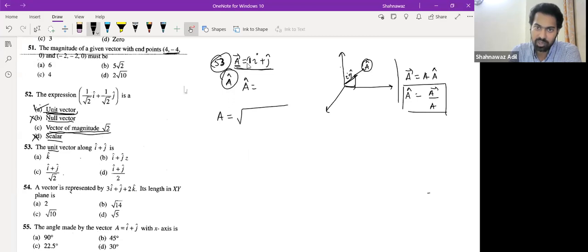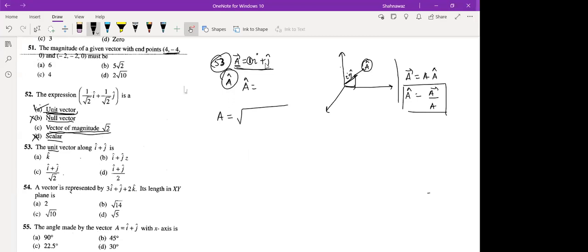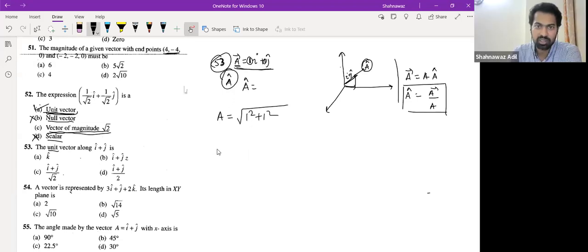The x component is 1, and the j component is 1. So 1 square plus 1 square. Magnitude cannot have directions; I and J are directions, so just be careful with that. So this would be 2, and the magnitude is root 2.